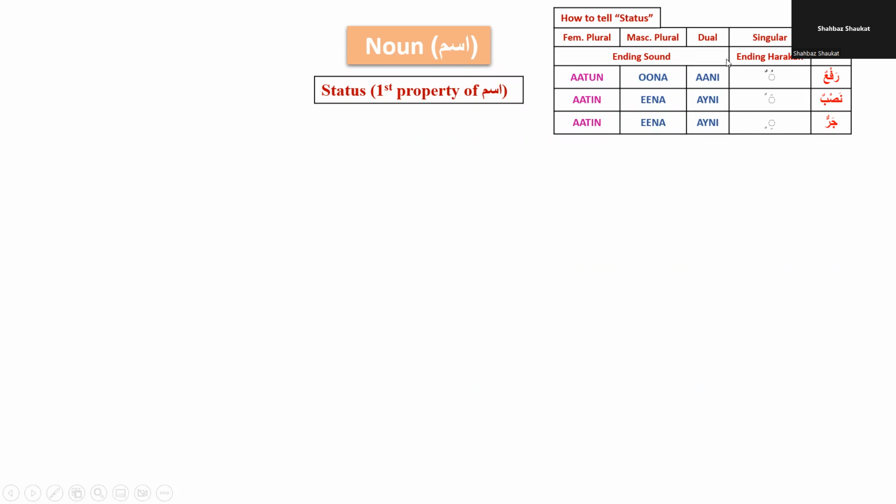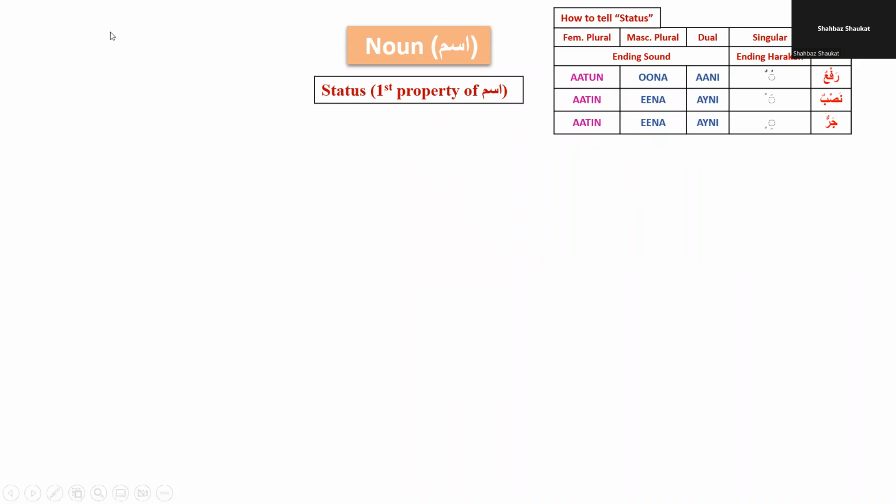For dual, the rules are the same, ani, aini sound. So the change is at masculine plural. In the masculine plural, the sounds will be una or ina. Una, Rafa, ina, Nasab or Jar. And in feminine gender, the ending sound will be atun, atin, Rafa, Nasab, or Jar.